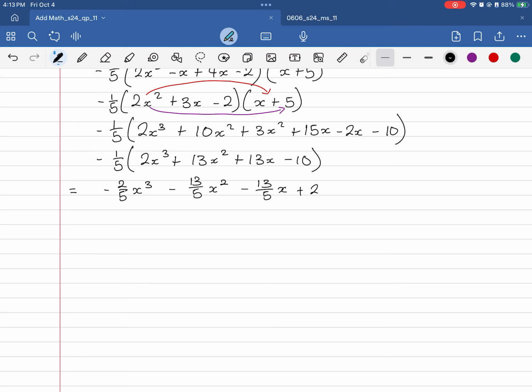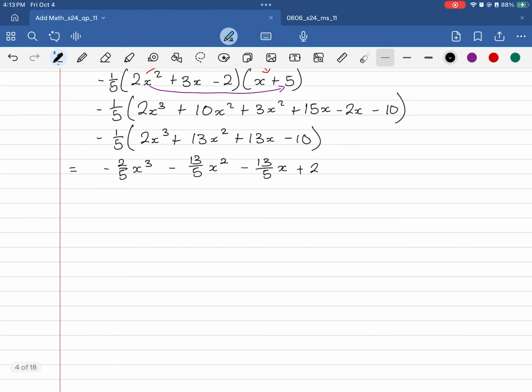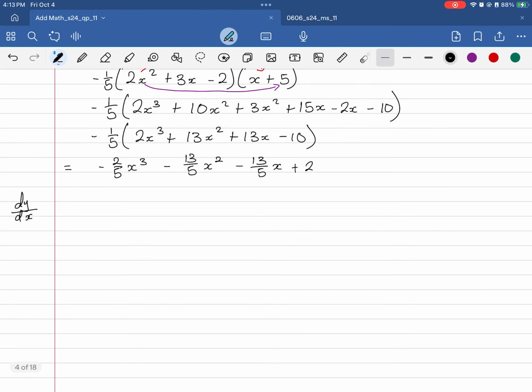Now your first derivative, which is dy dx, you're finding y in terms of x once. I can just refresh your memory if you can't remember how to do that. So you have your coefficient, you have your unknown, and then you have a power.